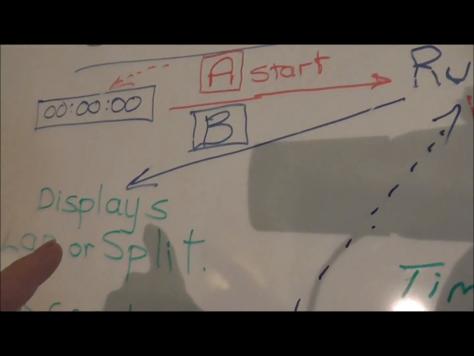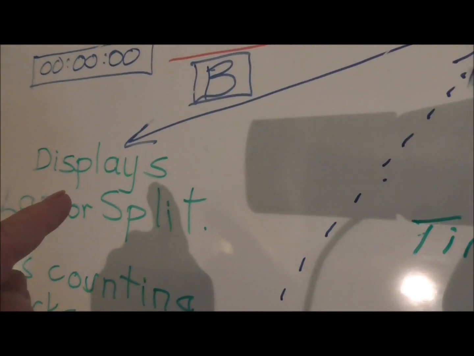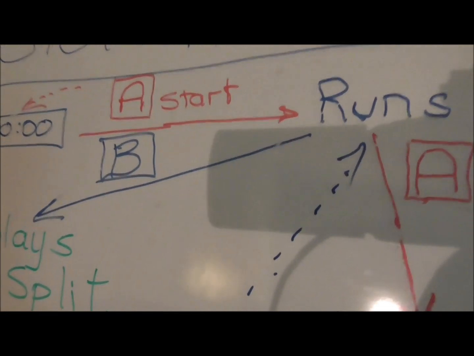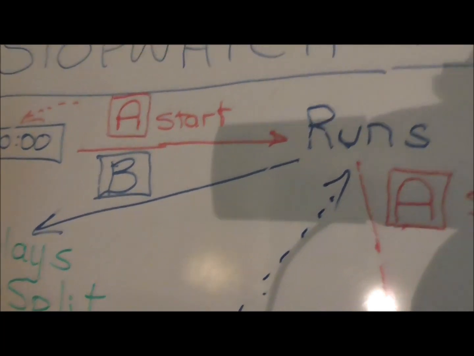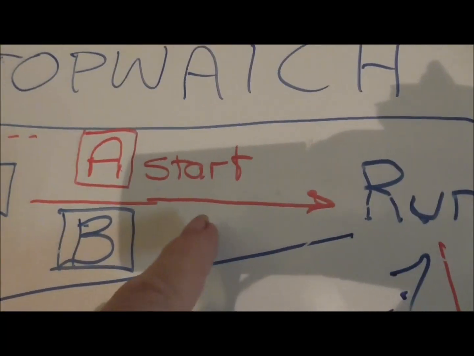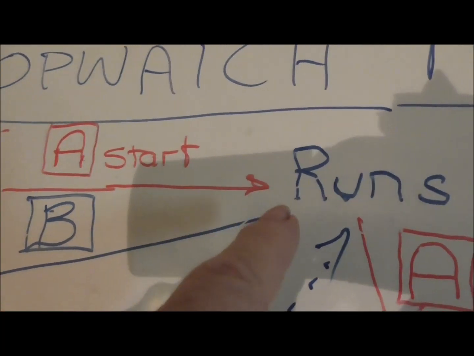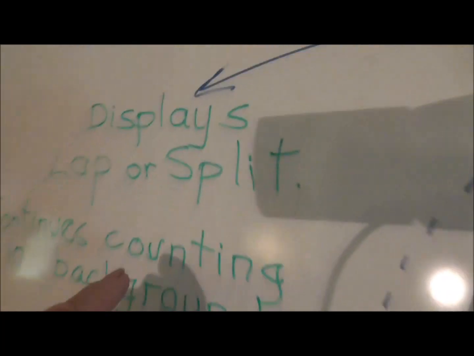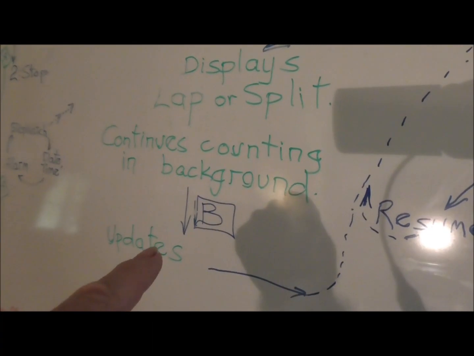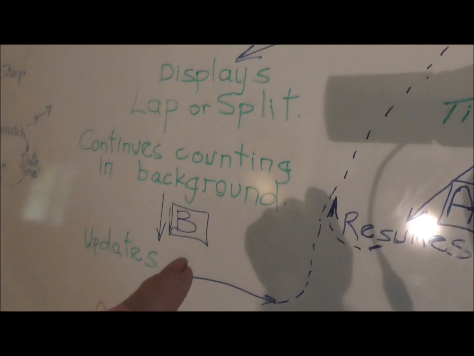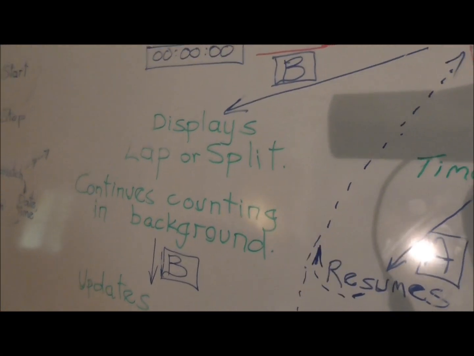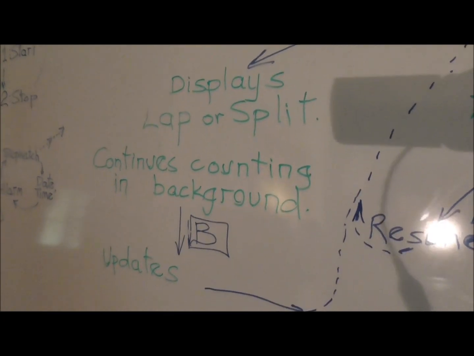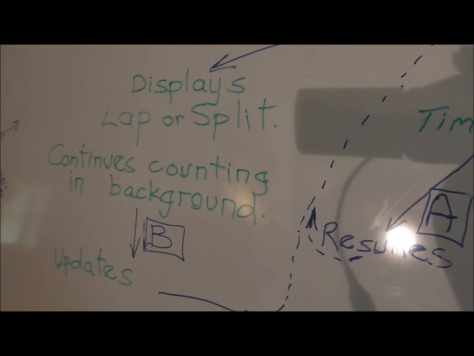Now, this is where you as a timekeeper can get lost. If you've started your watch using button A and inadvertently hit button B, you'll be over here. And you will be thinking that button B is what you use to reset it.